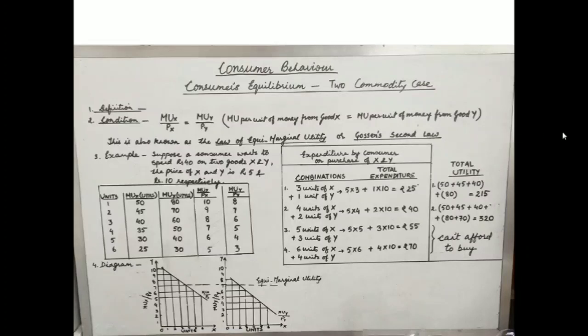The law of equimarginal utility says that the utility maximizing consumer must allocate his income among various commodities in such a way that the last unit of money spent on each commodity gives him the equal marginal utility. This law can also be stated as: the utility maximizing consumer will spend his money income on different goods in such a way that marginal utility of each good is proportional to its price.